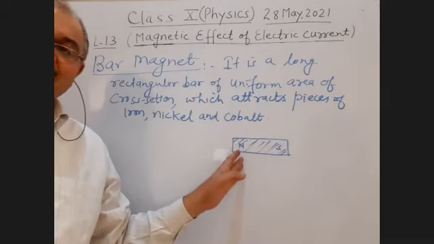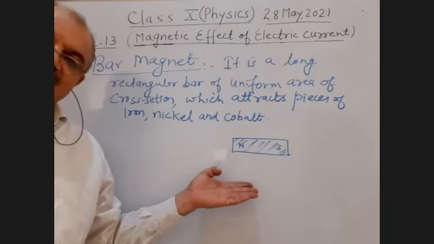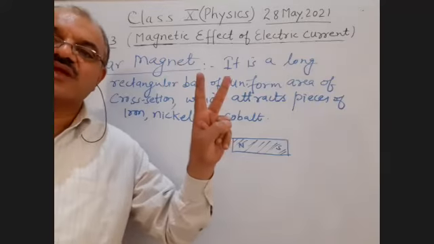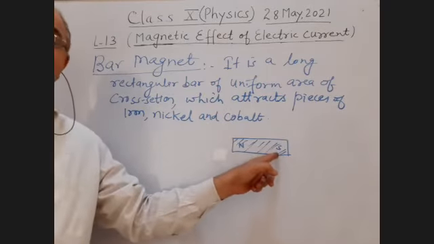Number one, you know that it is a rectangular shape. Yes, it has two poles, one is a north pole, another one is a south pole.